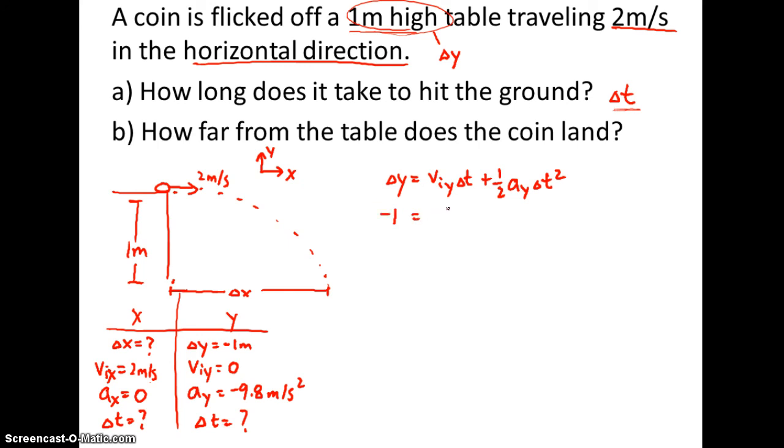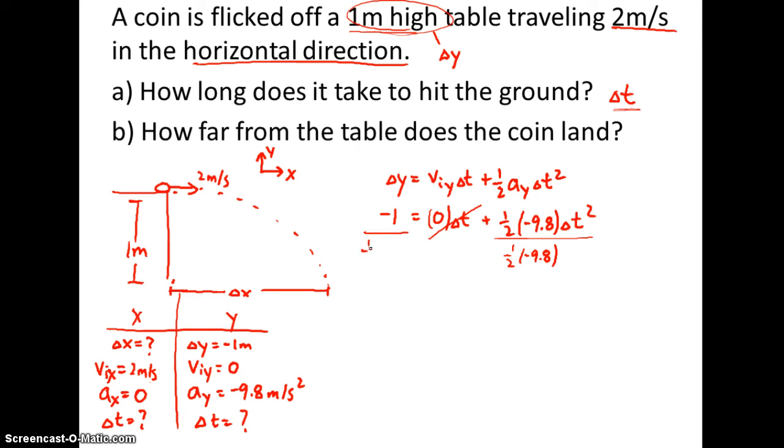What I'm trying to do is get the t all by itself. Zero times t is just 0, so we can ignore that. Now, if I want to get this t all by itself, I can divide both sides by this.